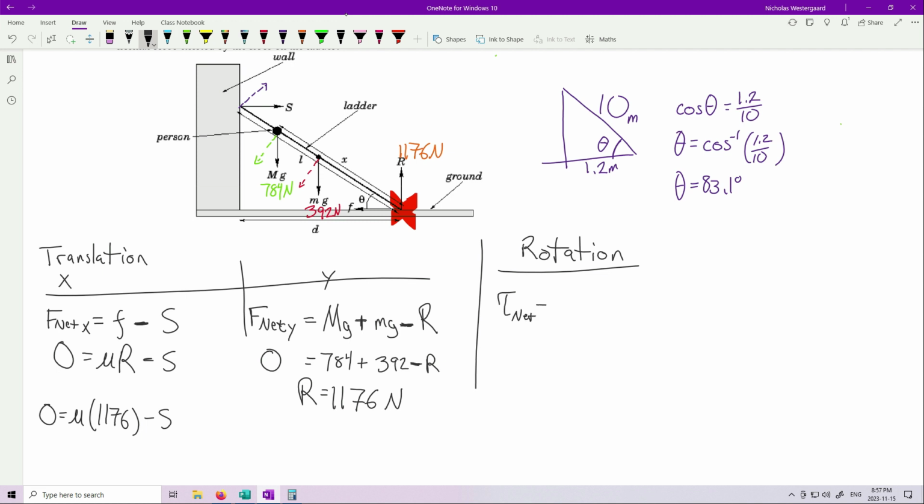T net. The torque caused by the wall is clockwise. And then it has two torques working against it. The torque caused by the person, we'll call that big M, and the torque caused by the ladder, little m.